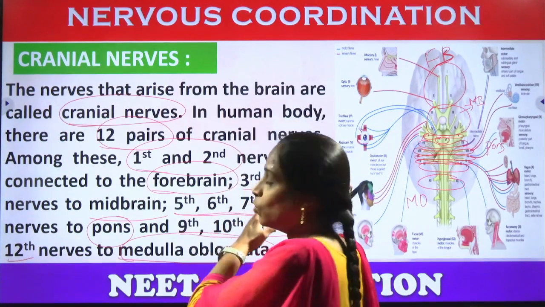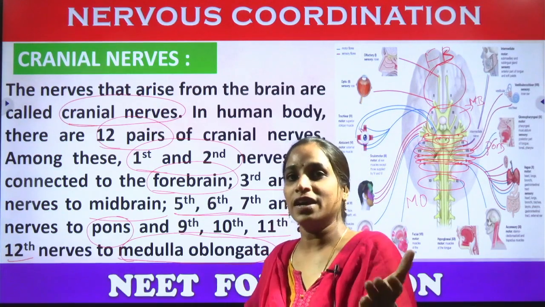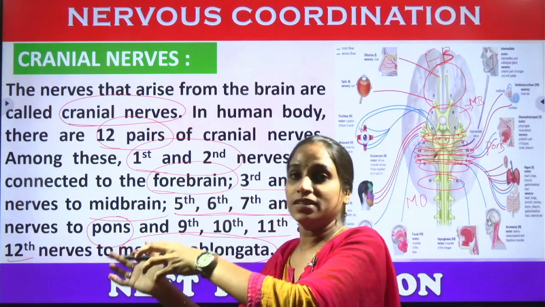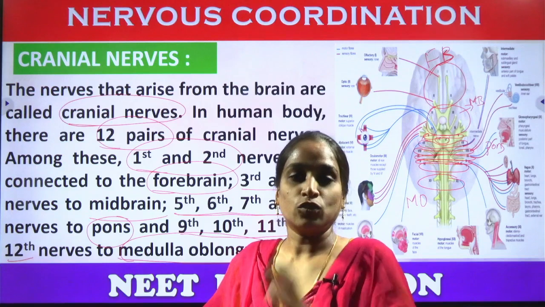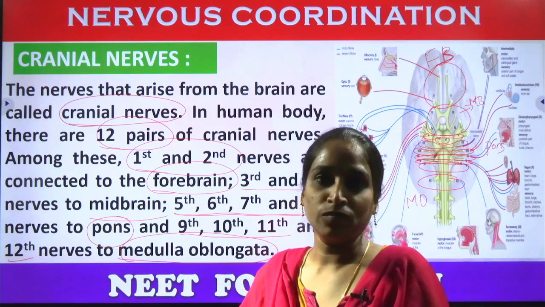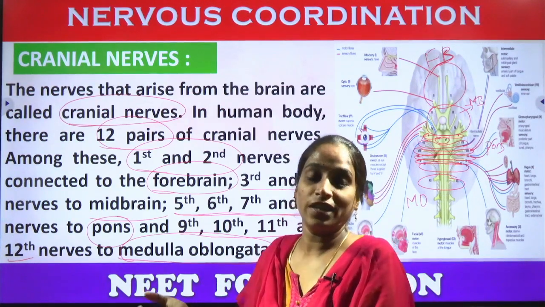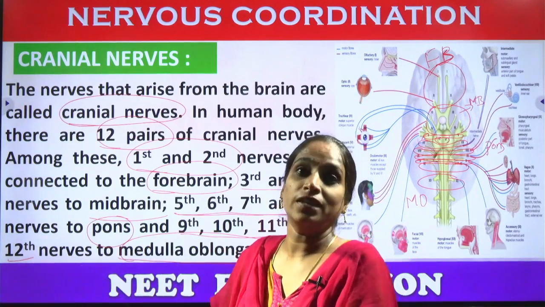So why are they attached only in those particular areas? The different types of nerves are attached to the brain, and the brain is analyzing. Our brain is partitioned into different regions, and each and every region of the brain is responsible for multiple functions. In the forebrain, midbrain, pons varoli and medulla oblongata, the functions are completely different.